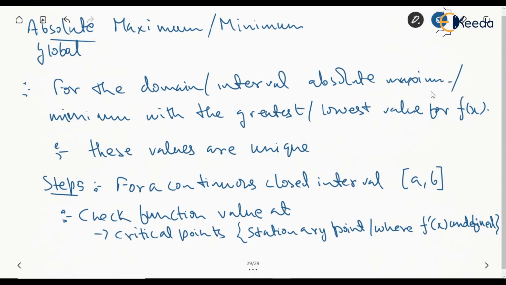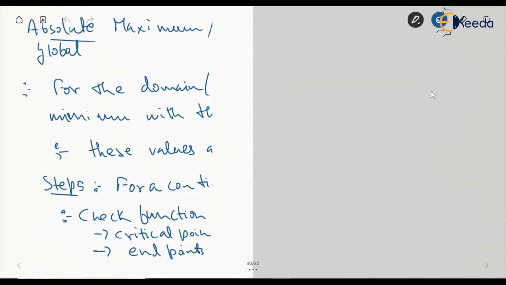Fine. So we have to check the function value at critical points, that is stationary point where the derivative is 0, or the points where the function derivative is not defined. Other than that, we will check it at endpoints. So there are three places where we'll have to check the values: first, stationary points, second, the points at which the derivative is not defined, and third, the endpoints of that interval.